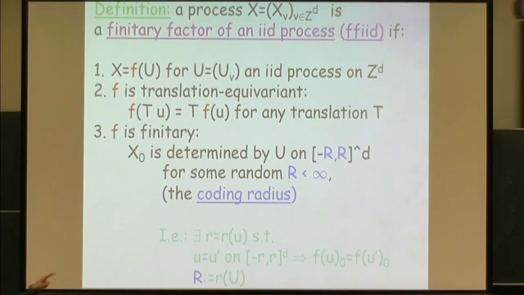And then I set capital R, a very important quantity, to be r of the actual random variables. So capital R is called the coding radius, this random distance that the origin has to look to determine X_0. Okay, so it's a bit of a mouthful, but is the definition clear?